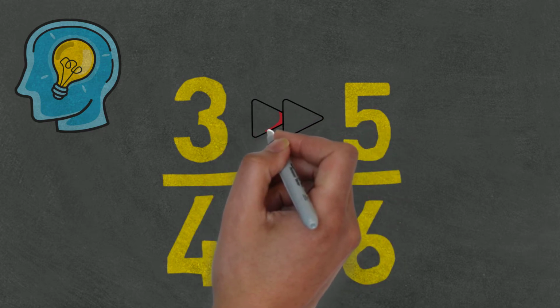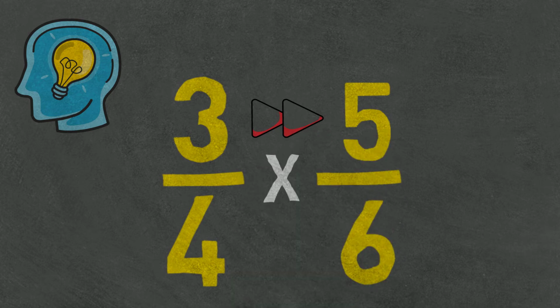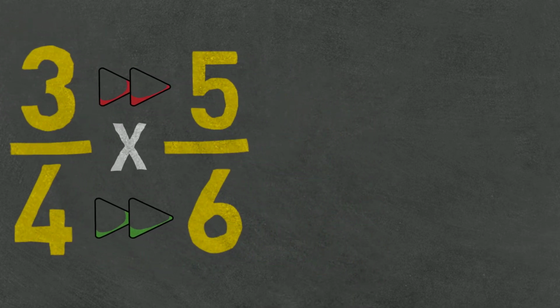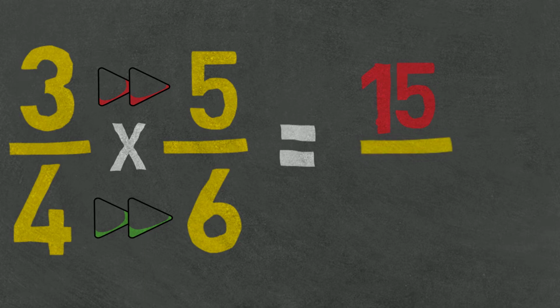If you remember, we just need to times the top numbers together and then the bottom numbers. Starting from the top, we have 3 times 5, giving us 15. And then underneath, we write the answer to 4 times 6, which is 24. So the answer to 3/4 times 5/6 is 15/24. See how easy that was? Maybe even a little bit of fun too.